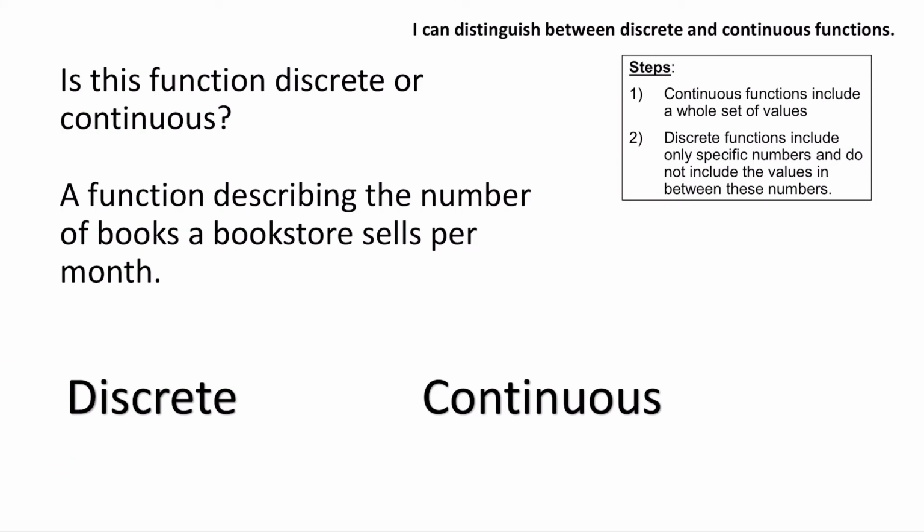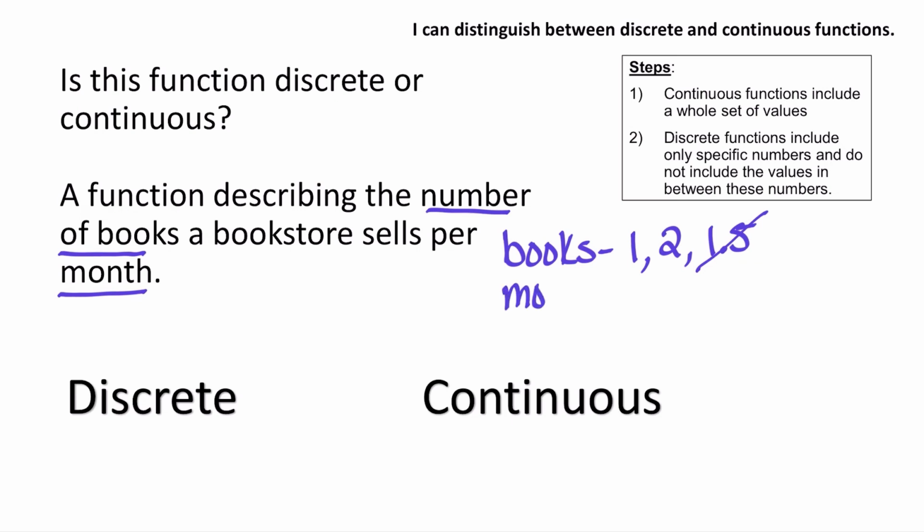So what about a function describing the number of books a bookstore sells per month? In this case, we're talking about the number of books and per month. If we talk about books, we can include whole numbers, like 1, 2, but can we really sell someone 1.5 books? We can't. So that would not include numbers in between.